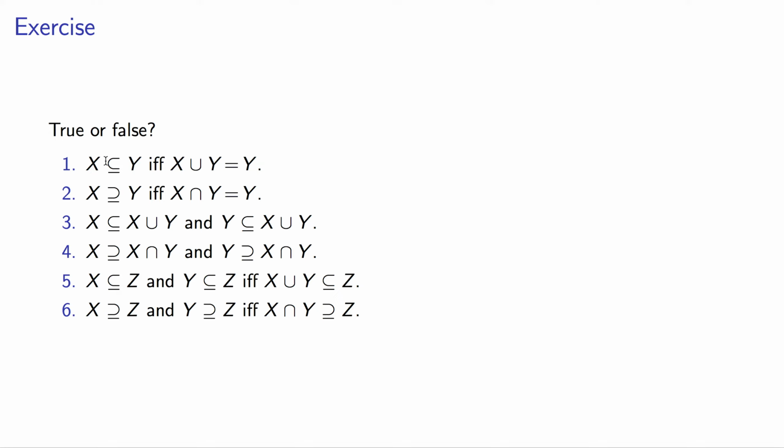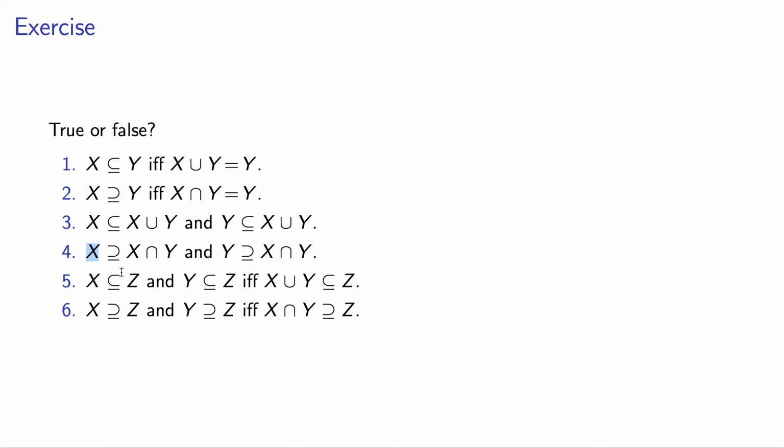And now points 1 and 2 tell how to characterize inclusion in terms of the union or in terms of the intersection. Points 3 and 4 are concerned with the fact that x is always smaller than x union y, and similarly for y, or that x intersection y is always smaller than x.